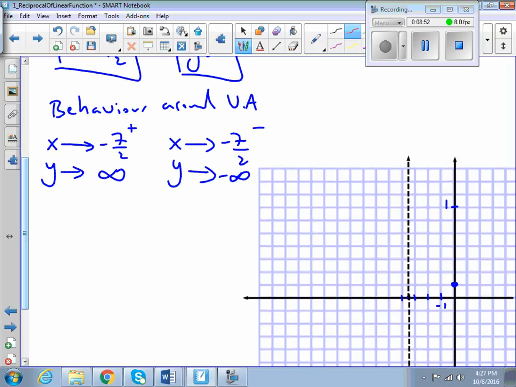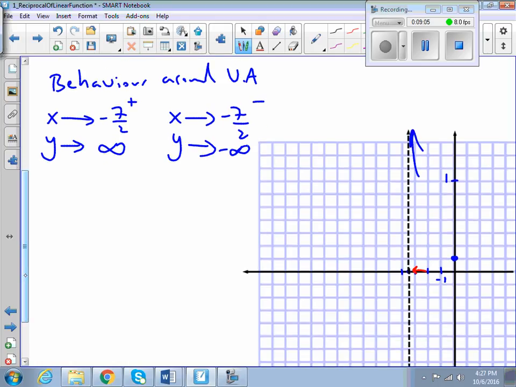As I'm approaching -7/2 from the right-hand side, my y value approaches positive infinity. That means my graph is going to look like that. As x approaches -7/2 from the left-hand side, my y approaches negative infinity. So that's the behavior around the vertical asymptote.